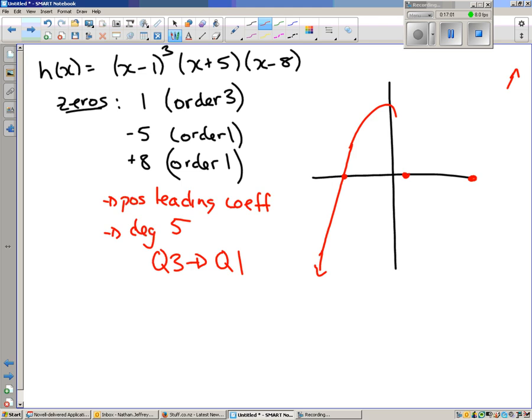So it's going to come down, act like a cubic around that 0, and it's going to come up through +8 of order 1, so it's going to cross it like a straight line, and it's going to go off. So that's how we can put all those together to get a sketch for that polynomial function.